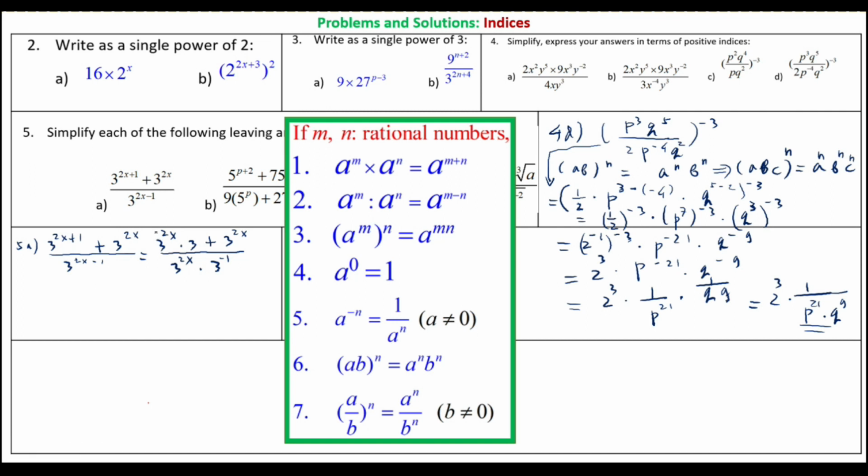And so now we have the same common factor, 3 to the power of 2x, in every term. So we can factor this 3 to the power of 2x out.